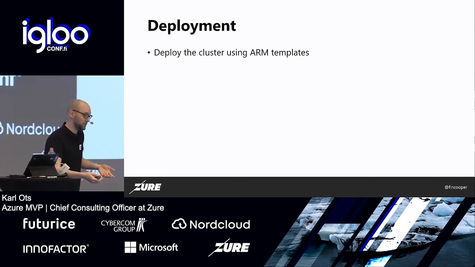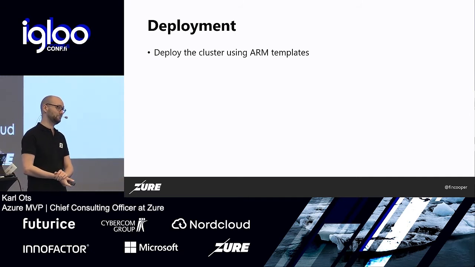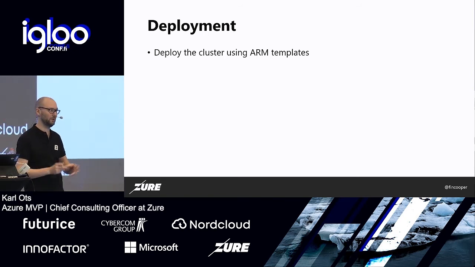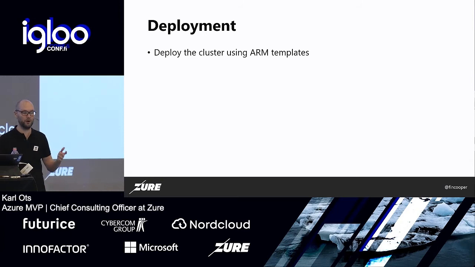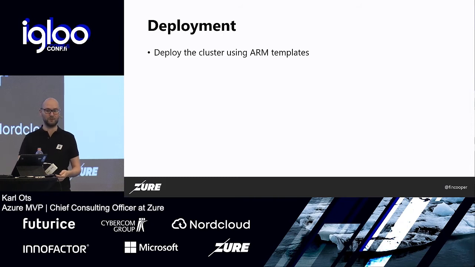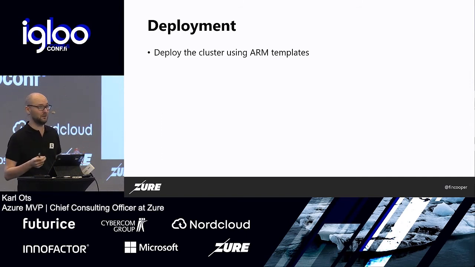So you can deploy the whole cluster using ARM templates. It doesn't matter as much. Usually the infrastructure as code part that you're doing for Kubernetes is more about your service manifests and your Kubernetes infrastructure, not necessarily all of those bells and whistles that you configure on AKS.